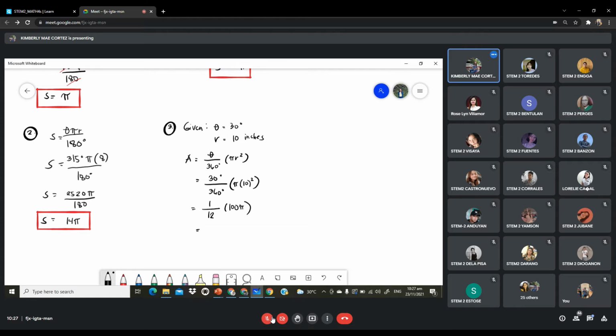Pi is in the numerator. So we now have 25 pi over 12. This is the area of the sector. Therefore, the area of the sector is 25 pi over 12 square inches.